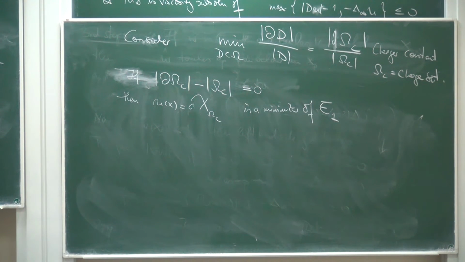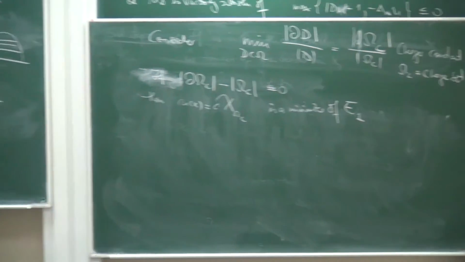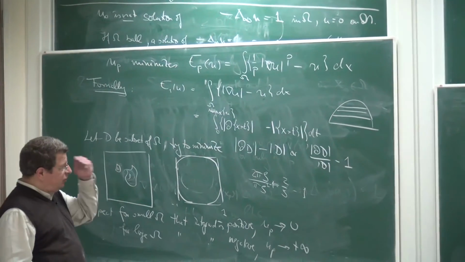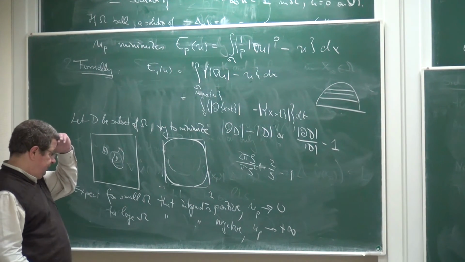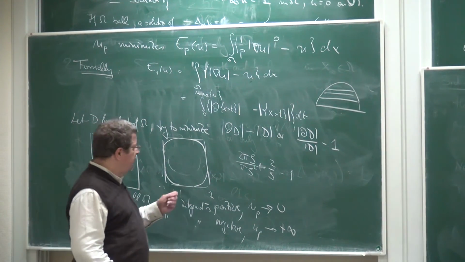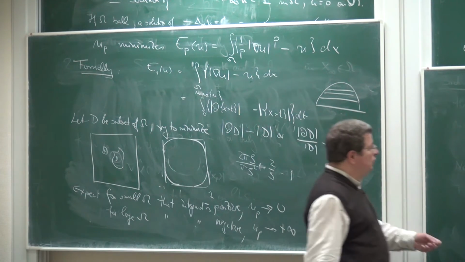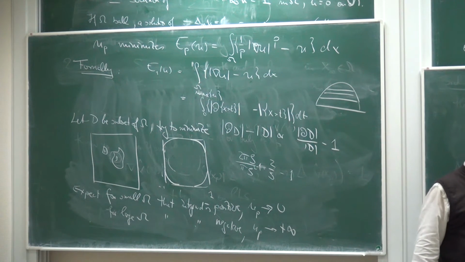So this explains why we have discontinuous solutions somehow in general. And when you plot these functions for larger squares, they tend to converge to the characteristic function of this Giga set.